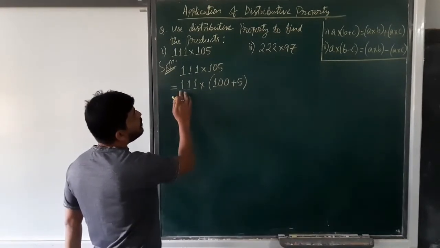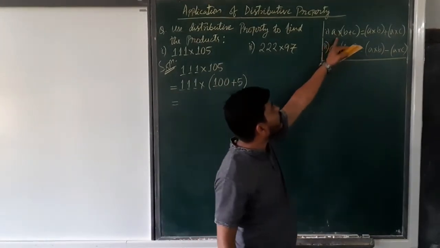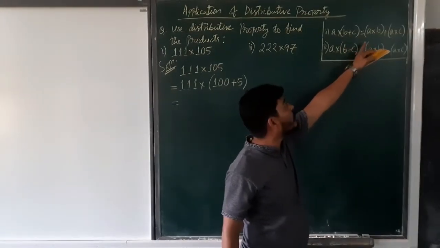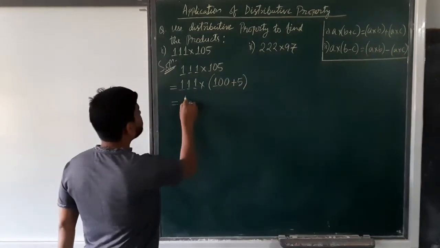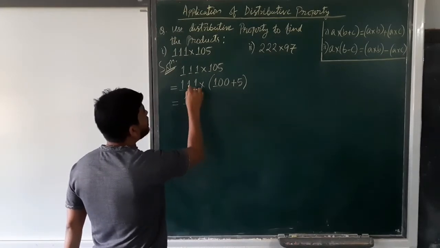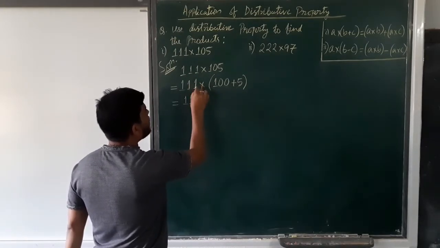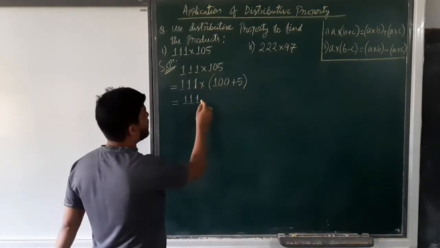So we can write it in this form. Now it is in the form of a into (b plus c). Now we have to find a into b plus a into c. When we remove the bracket, this 111 will multiply with both the numbers inside the bracket.